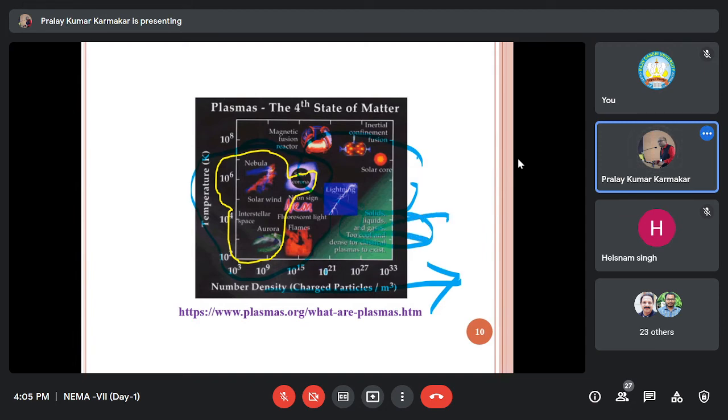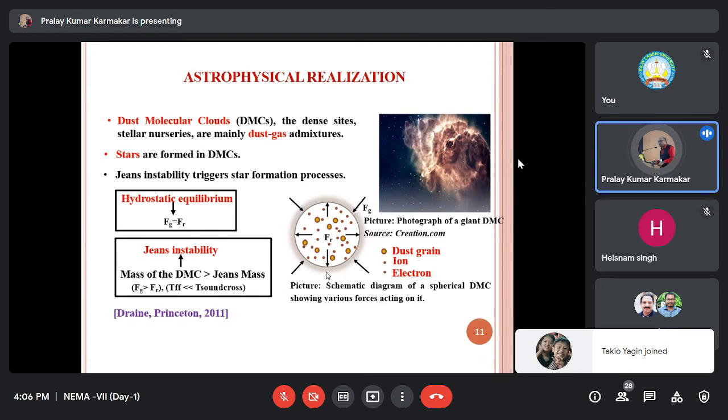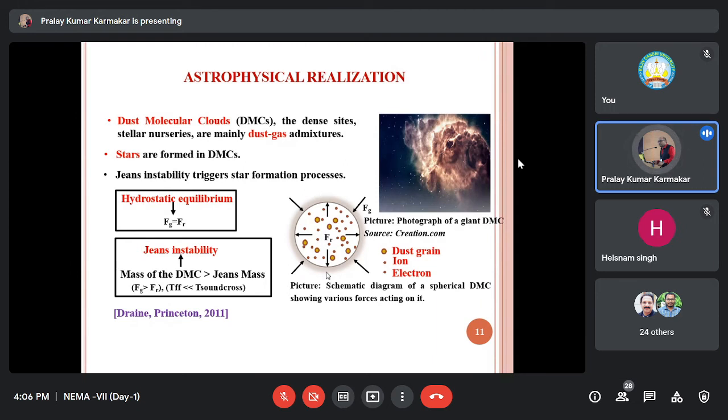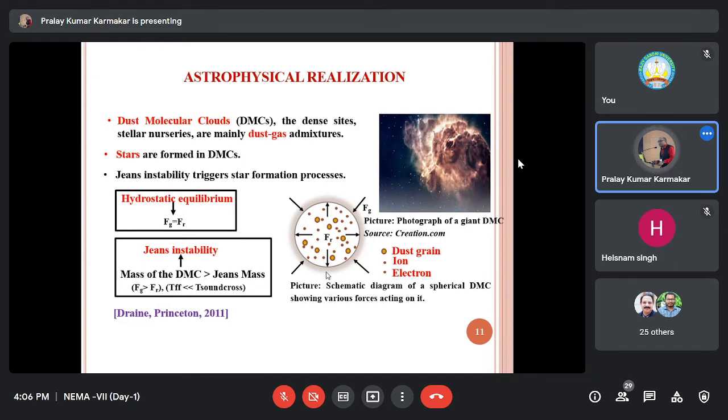Okay, fine. So astrophysical realization of plasma, there are many, starting from your dust molecular clouds. Stars are formed in the dense sites of the interstellar space, which are known as dark molecular clouds, and the structure formation takes place through the process of gravitational instability, also known as Jeans instability, by which huge global clouds get fragmented into local cloudlets, and these local cloudlets further undergo gravitational collapse.